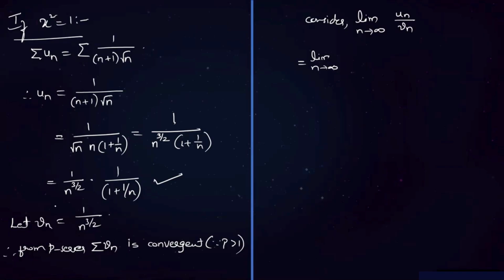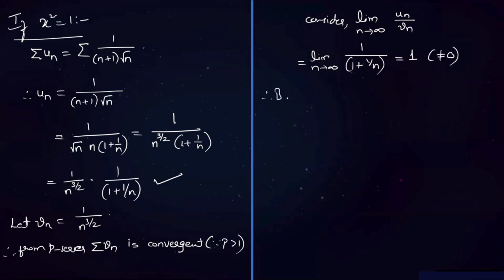Clearly you can observe that these two terms, 1 by n power 3 by 2 and 1 by n power 3 by 2, will be cancelled out. So what remains is only 1 divided by (1 plus 1 by n). When n approaches infinity, this 1 by n approaches 0, and therefore we get the limit as simply 1, which is not equal to 0.